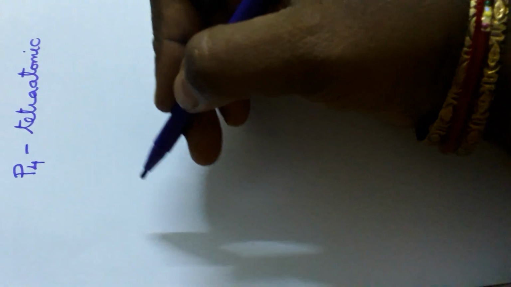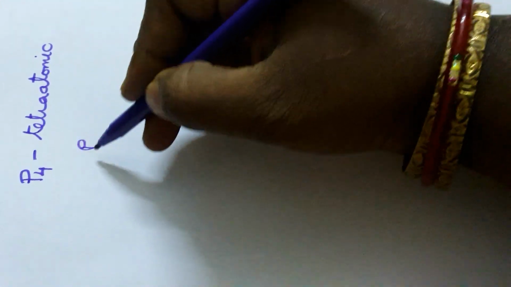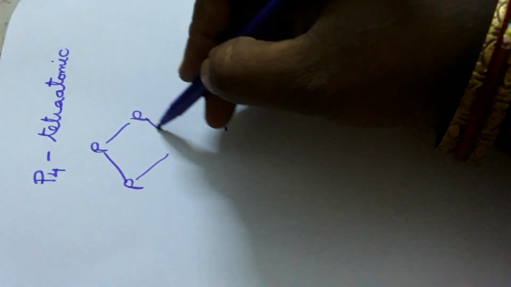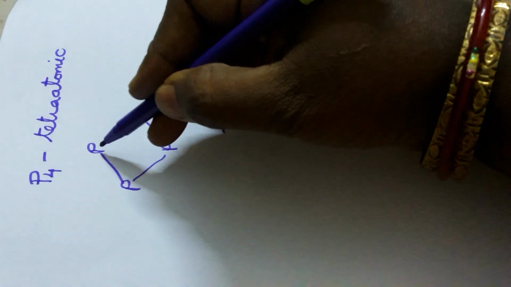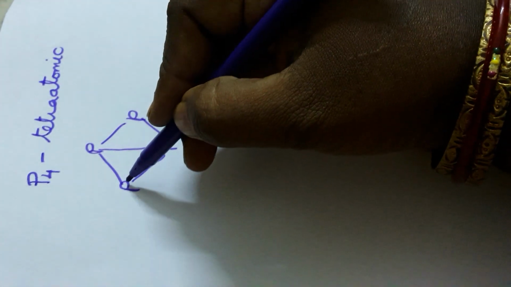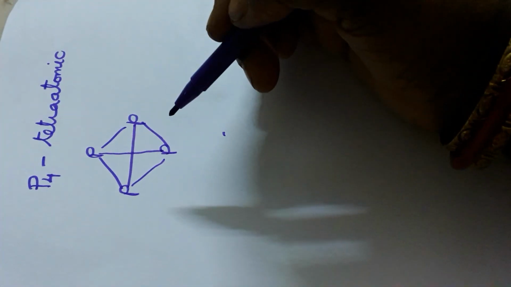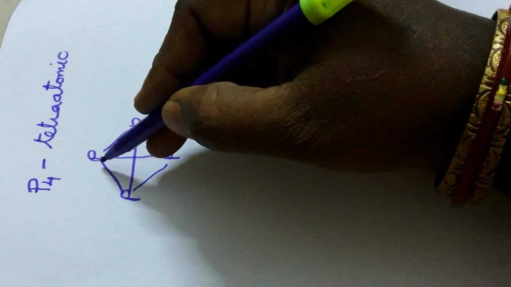Now let us see how to draw the structure of phosphorus oxide. 4 phosphorus atoms are connected to each other. Each phosphorus belongs to the 15th group, so it has 5 valence electrons.